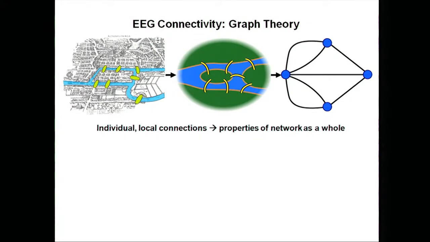Now, rather than looking at local connections and doing big group analyses on large electrode sets, we wanted to introduce a way of zooming out and looking at how the network would behave as a whole. So the problem was originally phrased in a city called Koningsberg in then Prussia, now Russia, and there is a landmass that is locked in by the river Pregel, which goes around it, and there's a total of 7 bridges.